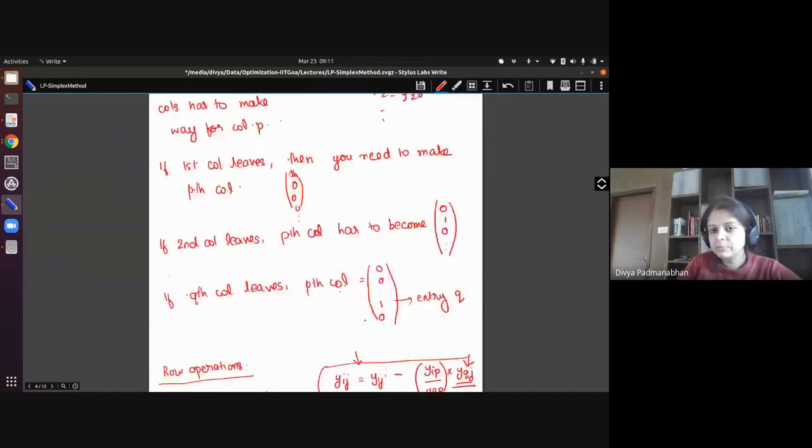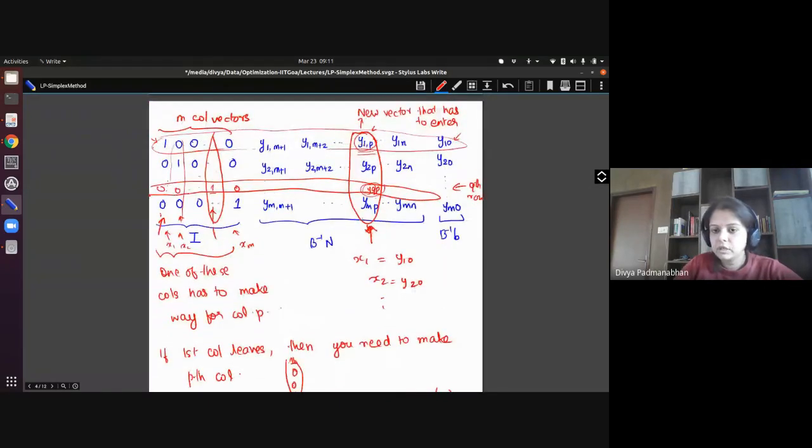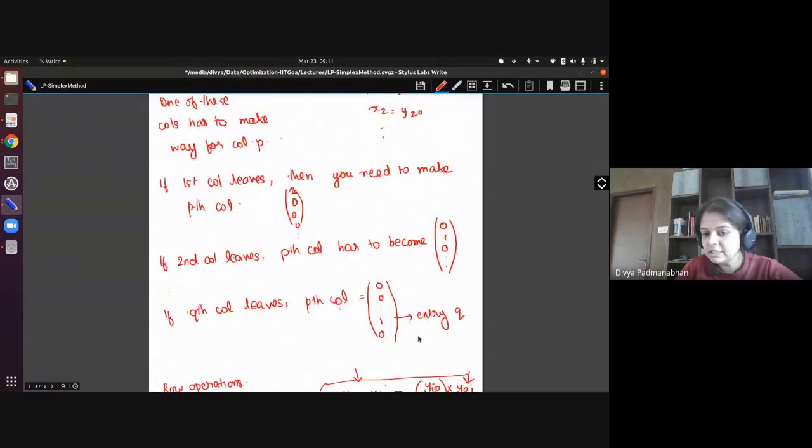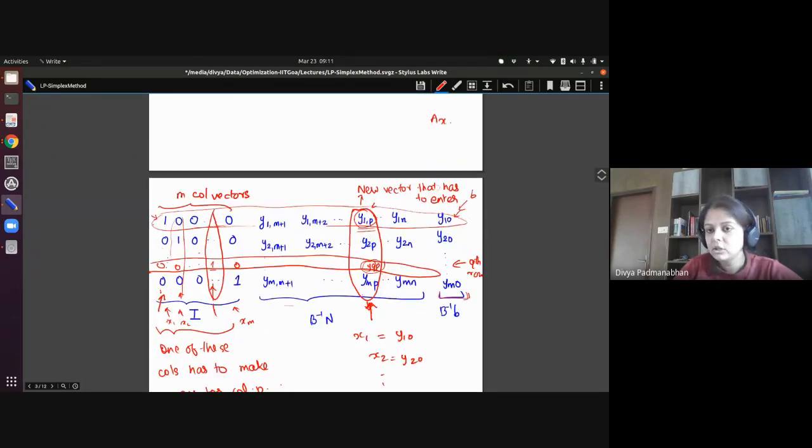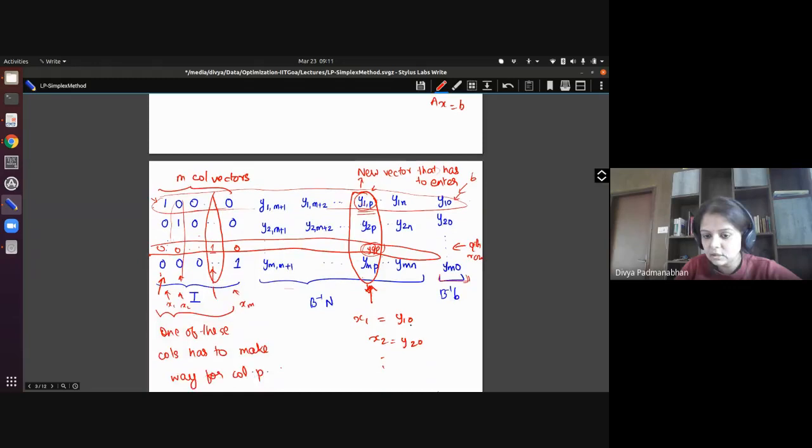In doing that, remember you're going to do these row operations on this whole tableau written here, including the B part, the right hand side of the feasible region AX equals B. Here again you're going to do these row operations even for this column as well.